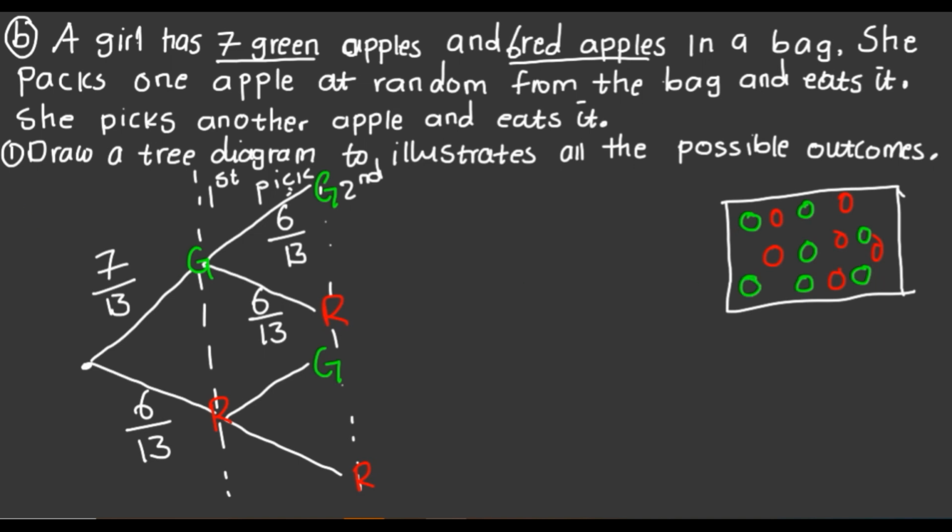Now after we've done this, let's assume it was red picked. So let's remove 1 red from here. How many red do we have? 1, 2, 3, 4, 5. So there are 5 apples remaining over the total.